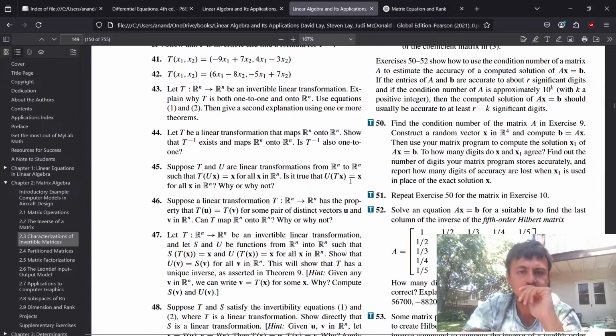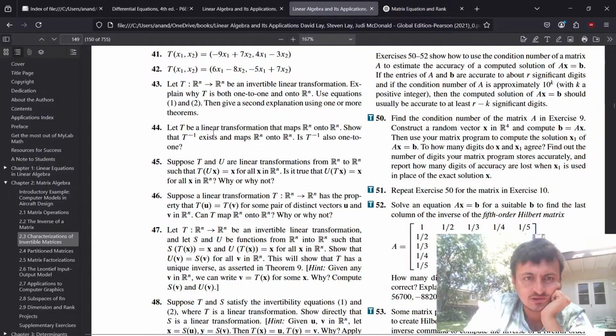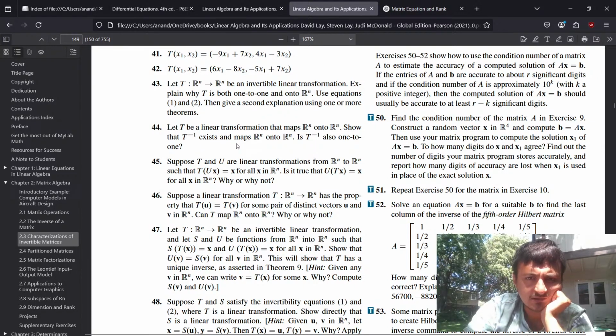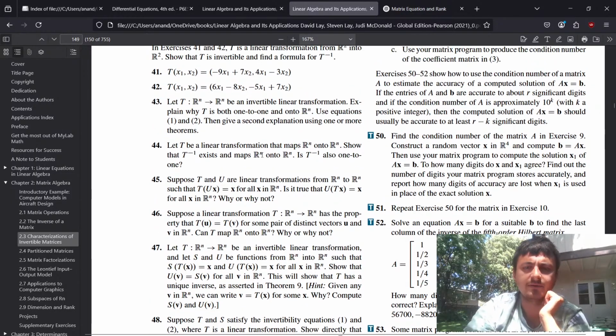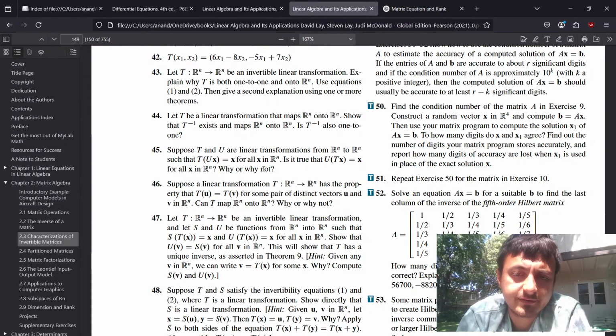Okay. Let T be a linear transformation that maps Rn into Rn. Show that the inverse exists and maps Rn onto Rn. Wait. Oh, okay. Yeah.